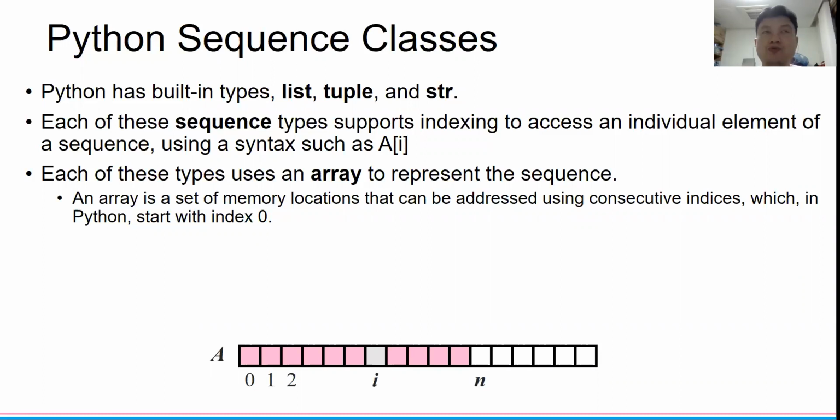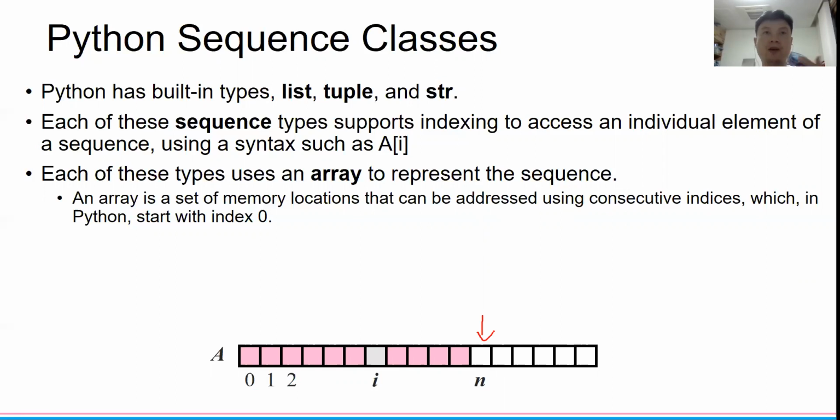Some programming languages start with 1, but Python starts the index with 0. Let's say I have index 0 for the first element, index 1, index 2, and so on. I have index i, which is somewhere in the middle, and let's say I have n, where n represents the final position or the size of the array.